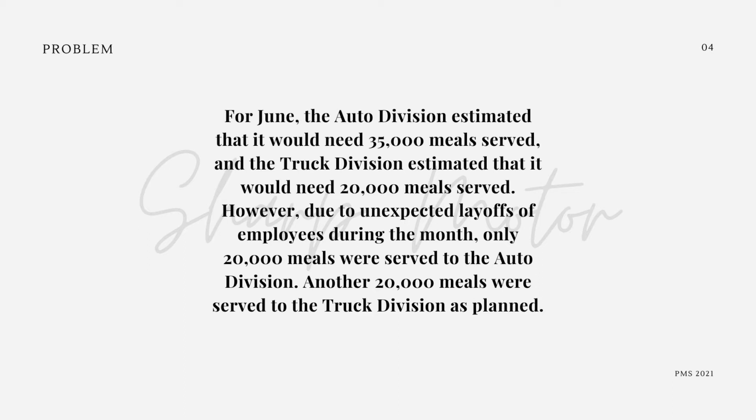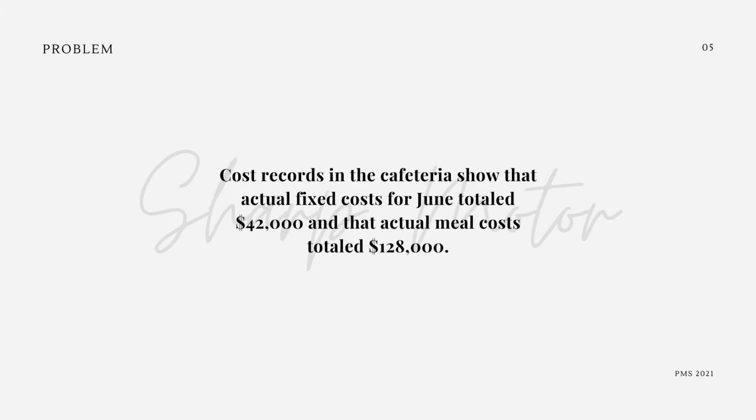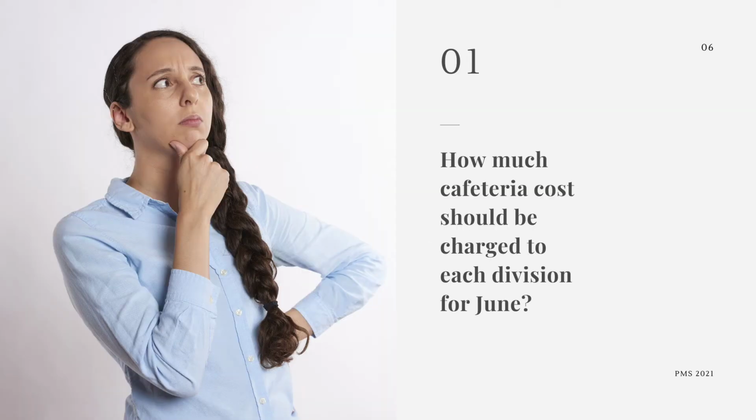However, due to unexpected layoffs of employees during the month, only 20,000 meals were served to the auto division. Another 20,000 meals were served to the truck division as planned. Cost records in the cafeteria show that actual fixed costs for June totaled $42,000 and that actual meal costs totaled $128,000.